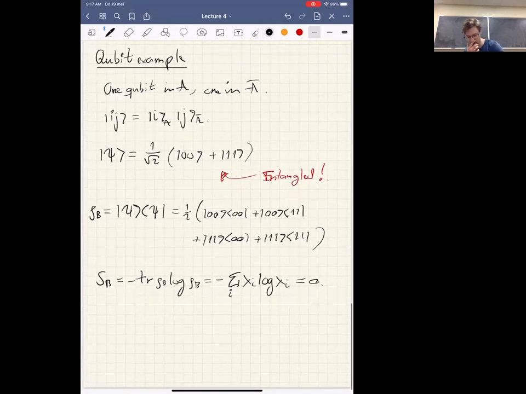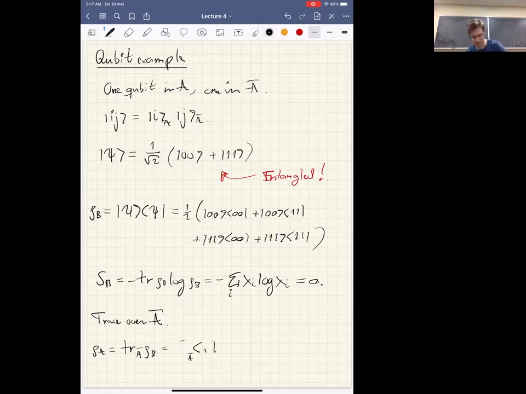Okay, but now what we're interested in is also looking at the reduced density matrix. So now we're interested in tracing over the complementary region A bar. In this case, that means we trace out one of these qubits. The way this comes about is as follows. We need to sandwich our state between the following.